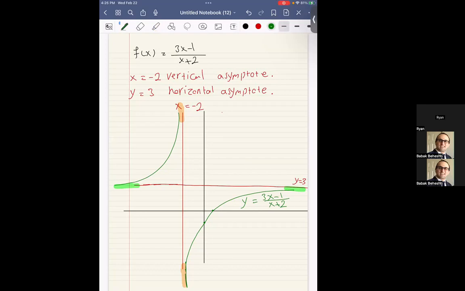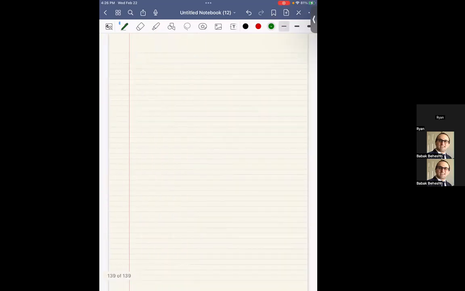So as an exercise, I want you to draw the graph of each of these functions and indicate the horizontal and vertical asymptotes.